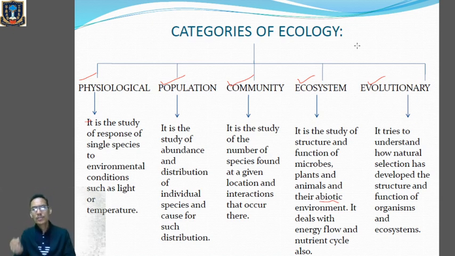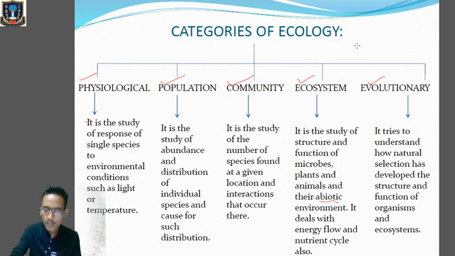Then comes ecosystem ecology, where we learn the interaction and interrelationship between the biotic component and the abiotic component along with their environment, the flow of energy in the ecosystem and the nutrient cycle. And the last one is evolutionary ecology, which helps in understanding the role of natural selection in the formation or evolution of new species, how structures are developed, and how those organisms function in an ecosystem. So these are the five major categories of ecology.